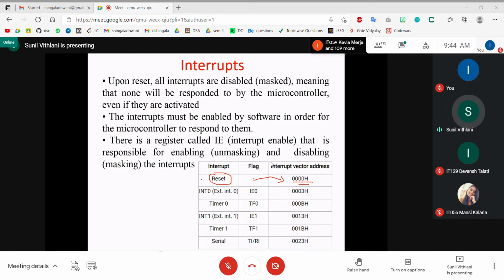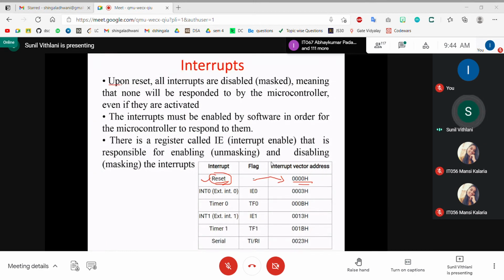We will discuss this reset interrupt in the next slides: when the controller is reset, what are the states of the different special function registers as well as flags? What will be the content inside the registers as well as the different flags? उसके अंदर क्या क्या होगा? So that we will discuss. And when we press reset, what will be the state of the controller?